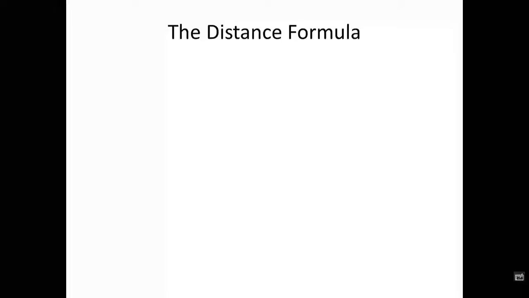The distance formula. If we have 2 points and we want to determine the distance between those 2 points, we need the distance formula.